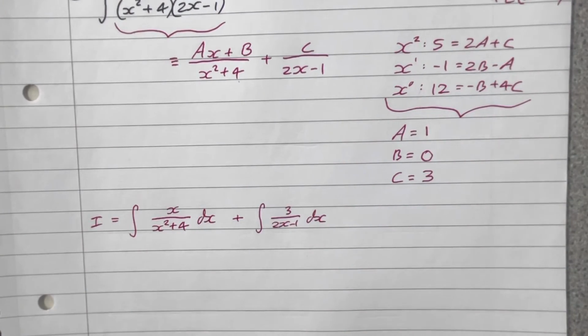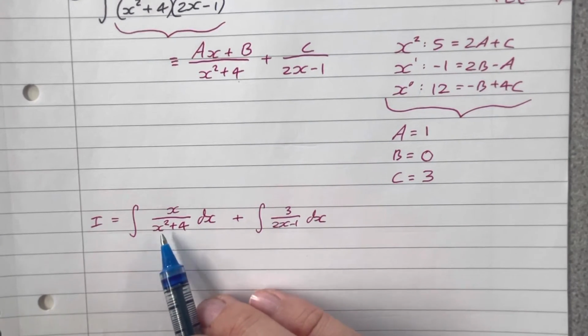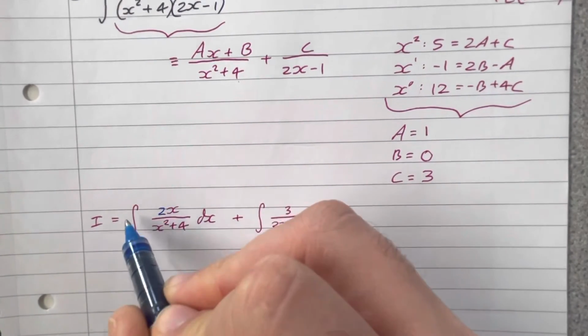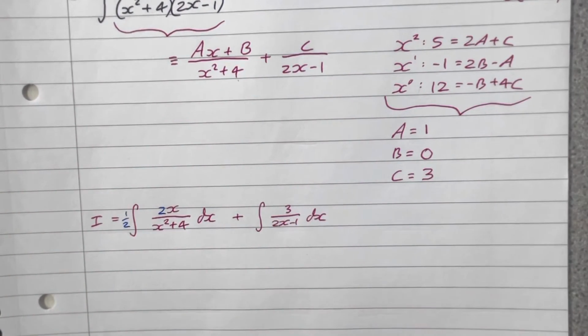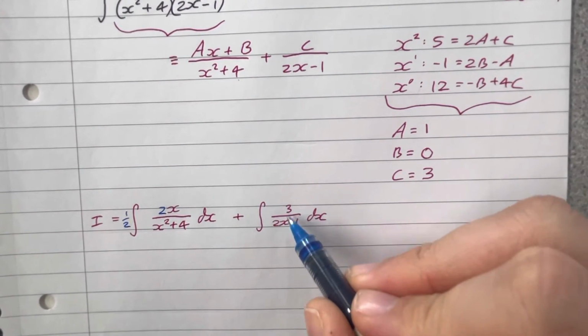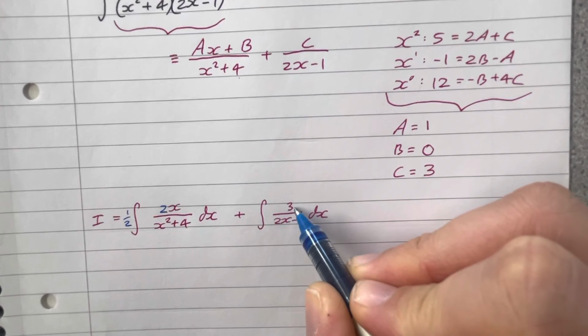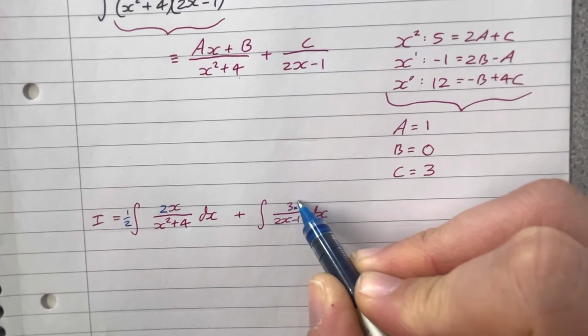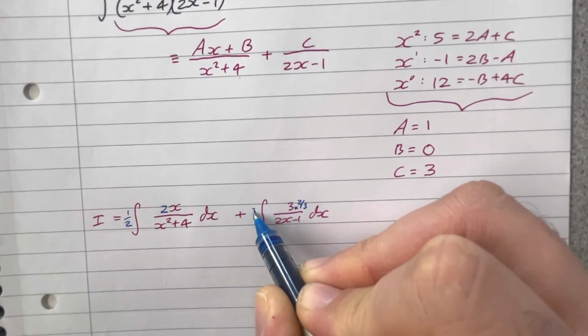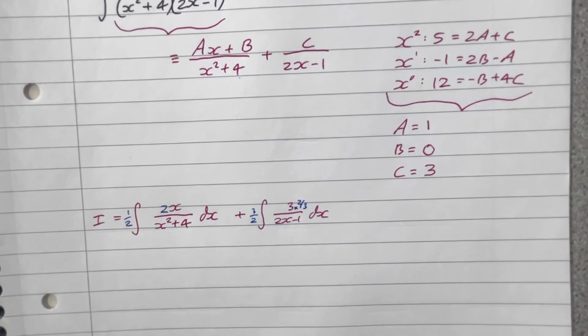And these are 2 integrals that I can just carry out fairly easily, because I can make the top the differential of the bottom here by timesing by 2 and timesing by 1/2. And again, I can make the top the differential of the bottom by timesing that by 2/3 and then timesing the whole thing by 3/2.